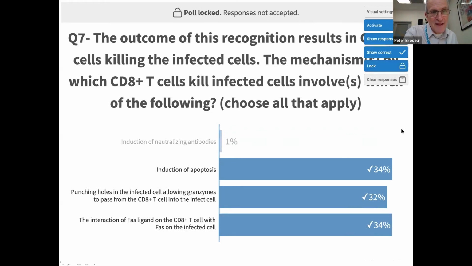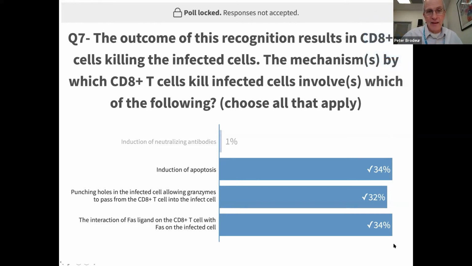Okay, again, fantastic. The second thing we want you to remember is that the killing mechanism of cytotoxic CD8 positive T cells is inducing apoptosis, and they do it in two ways. One, by punching holes in the membrane and introducing granzymes into the cell to induce apoptosis, and also the induction of apoptosis via the FAS on the infected cell with a molecule called FAS ligand on the CD8 cell.